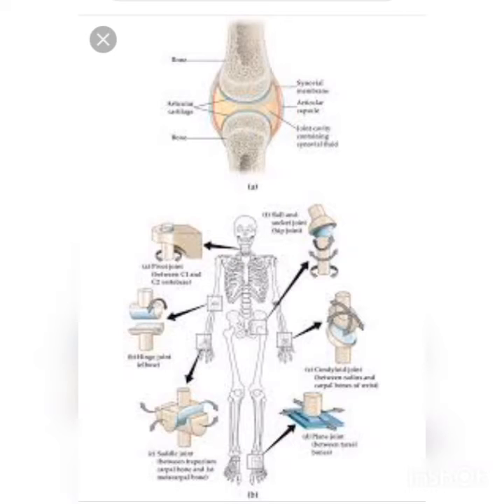Next come the pivot joints. Pivot joints are also known as synovial joints that permit axial rotations. The moving bone rotates within a ring formed by the concave surface of a second bone and adjoining ligaments.